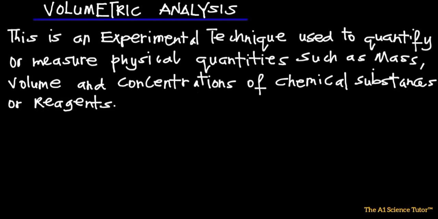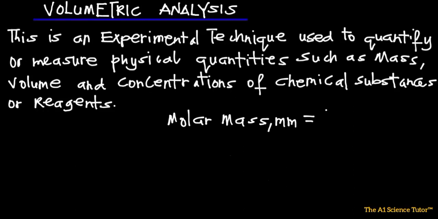Now, considering mass and volume as well as concentration, there are some equations you would need to know in order to be very versatile in volumetric analysis. So let's talk about mass. There is something called molar mass, sometimes represented as mm in lowercase.